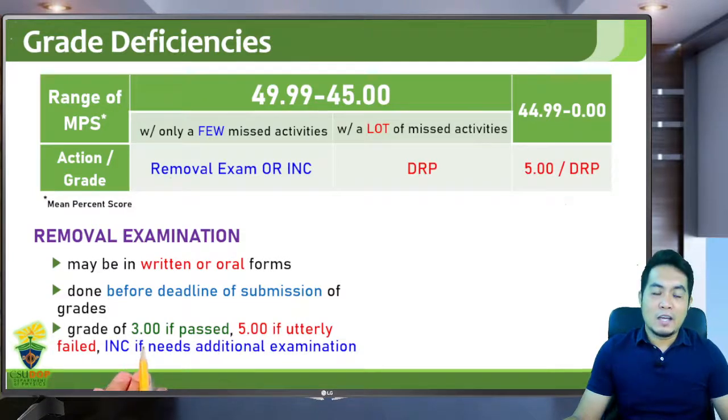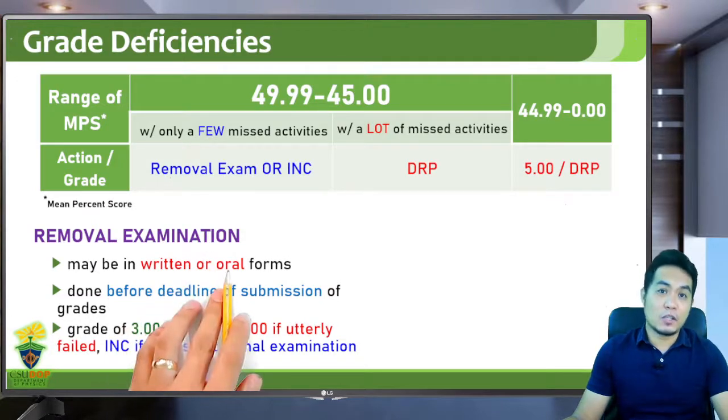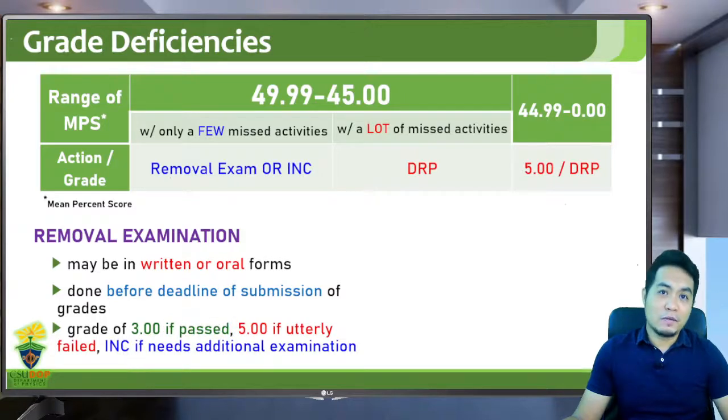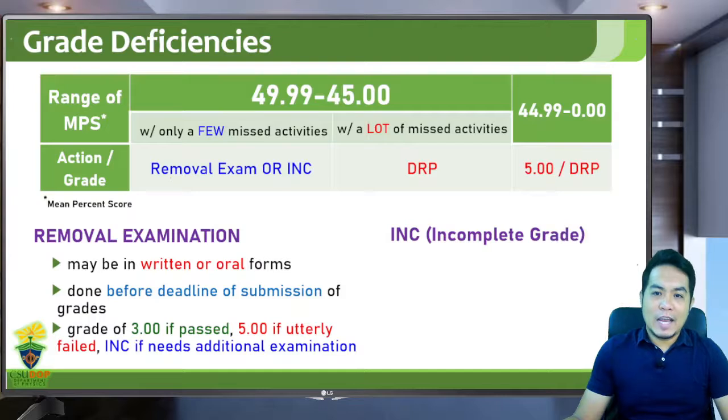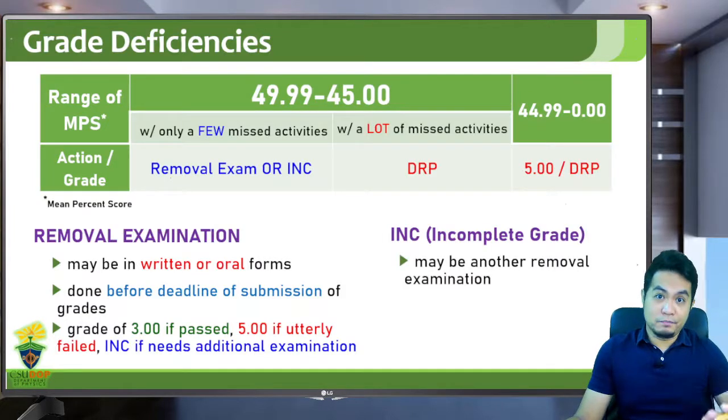But if we're short on time and you need an additional examination, such as an additional oral examination, then I will give you an INC grade. The INC grade may be another removal exam, or I may allow you to sit in to retake the whole course again, but not officially enroll in it.